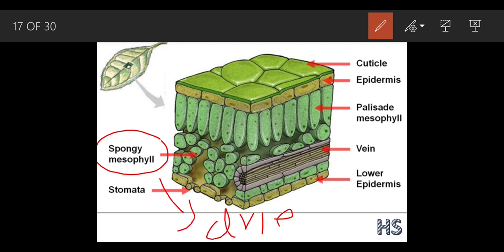So if the plant continuously dries up, after a certain period of time the plant will die. But these veins which are present in the leaves help this spongy mesophyll to replenish. What do you mean by replenish? If suppose I am feeling thirsty, what am I going to do? I am going to drink water. So this is the way I am going to replenish.